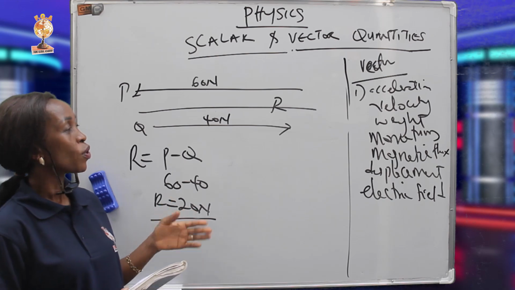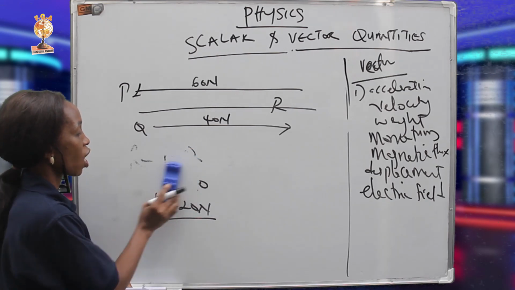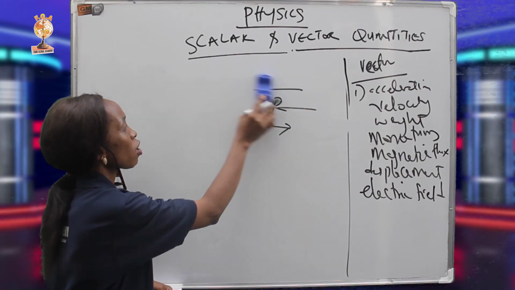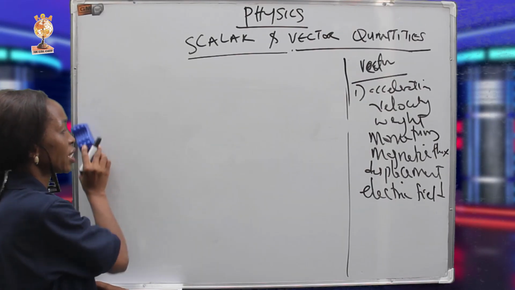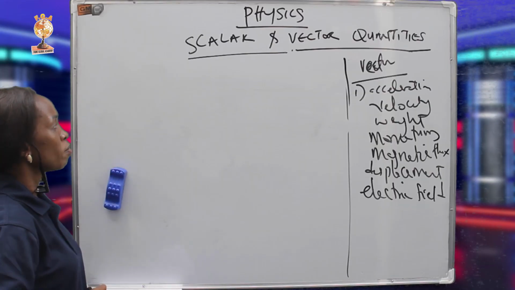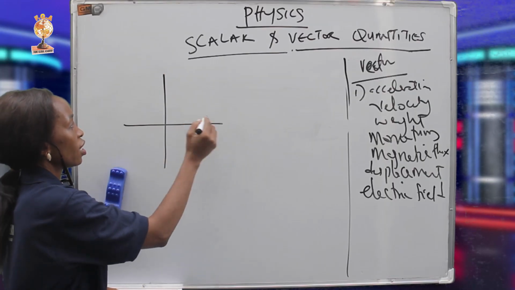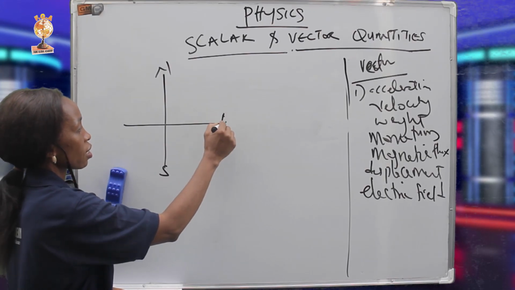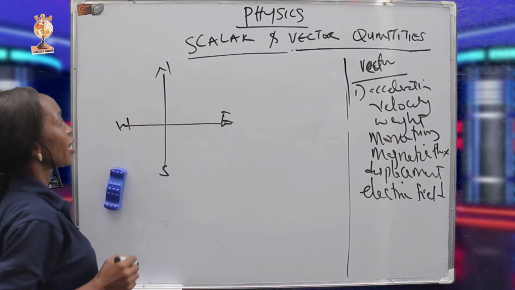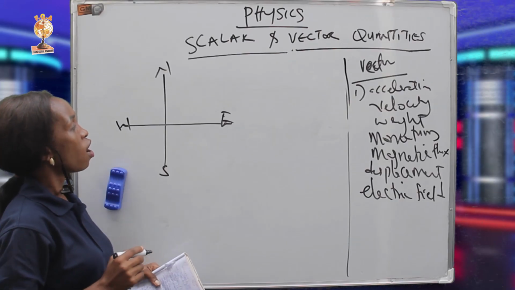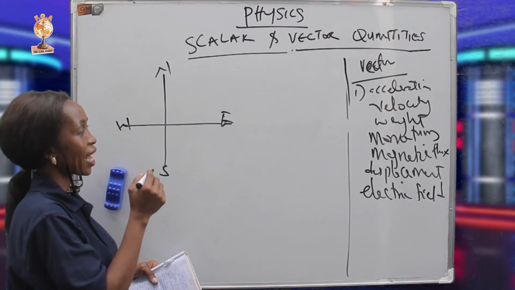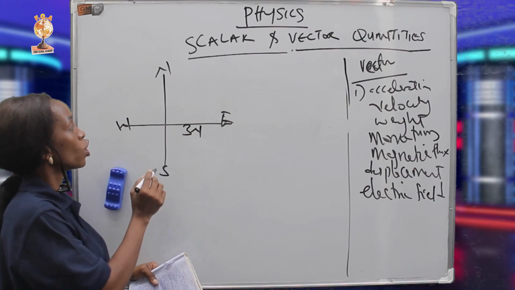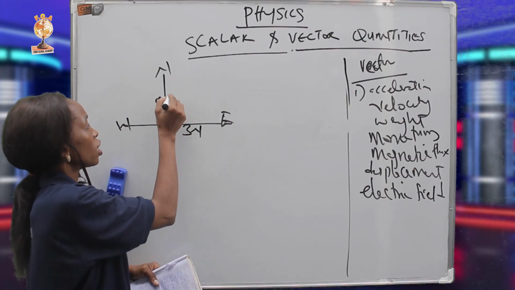And so when you have two vectors that are at right angles to each other, take for instance, remember these are four cardinal points: the north, the south, the east, and the west. And I have two vectors. One is going towards the east at, say, 3 Newton, and the other is going upward at 4 Newton.